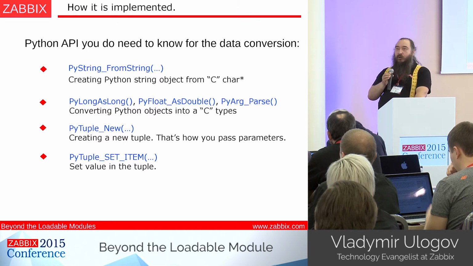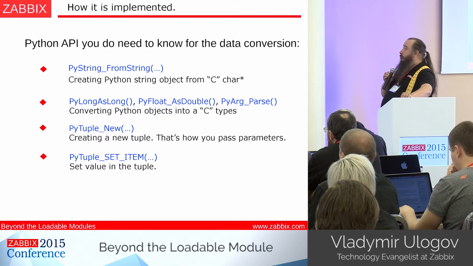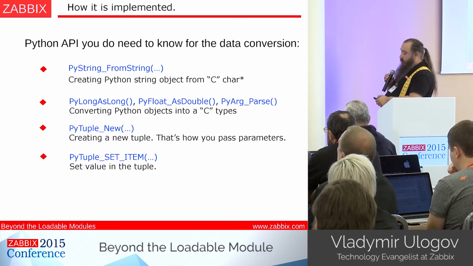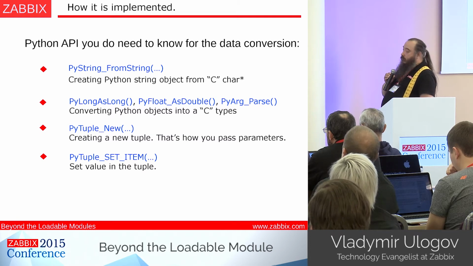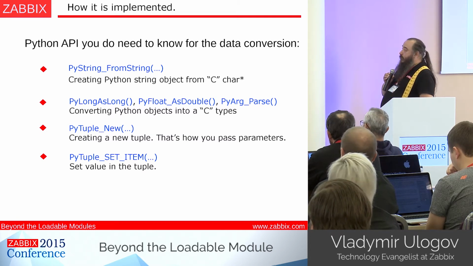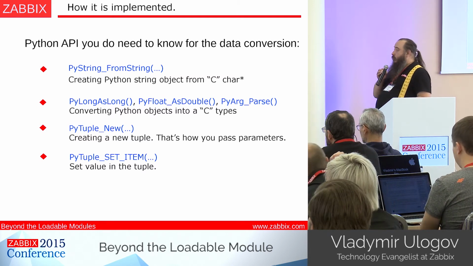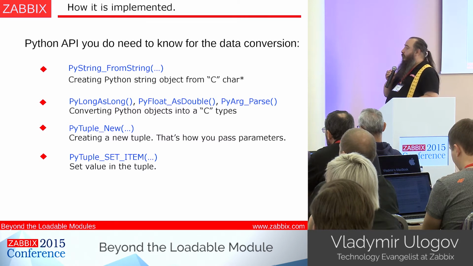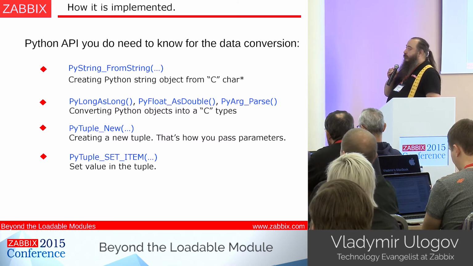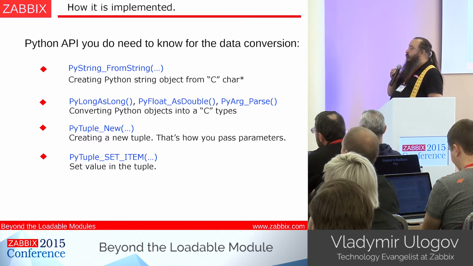I will talk about garbage collection in the future. So if you have a C character string and you want to convert it to Python, you need to call the PyString_FromString function. If you want to convert longs, floats, and if you want to parse the arguments, those are the Python C API functions you will be using.